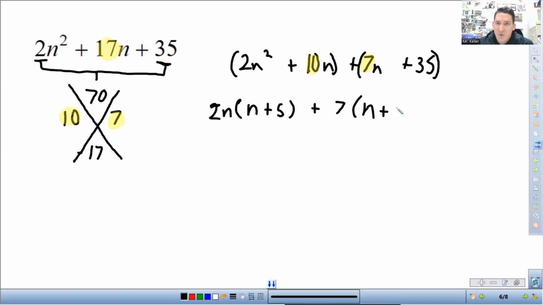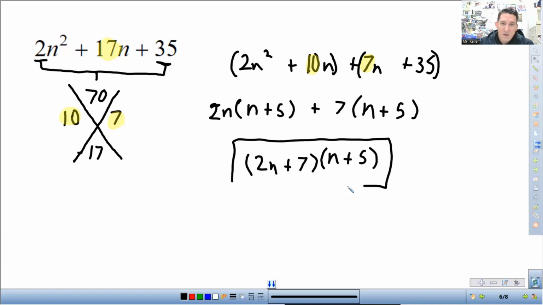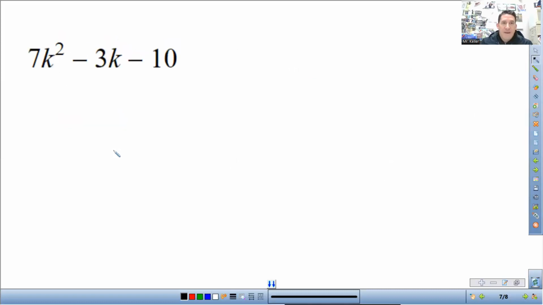Then I get n plus 5. Now, if I group the outside terms together, 2n plus 7, and then n plus 5. And there we go. Now, if I were to multiply these together, I got that too, right? So let's do another example.